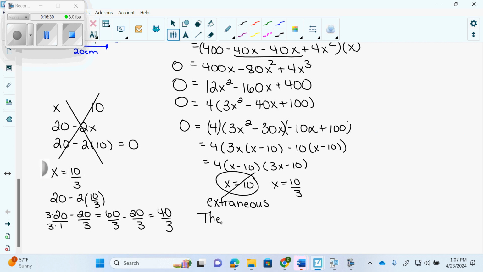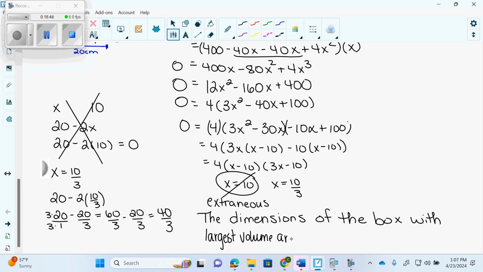The dimensions of the box with largest volume are 10/3 centimeters by 40 over 3 centimeters by 40 over 3 centimeters. Okay. Then we're flipping over.